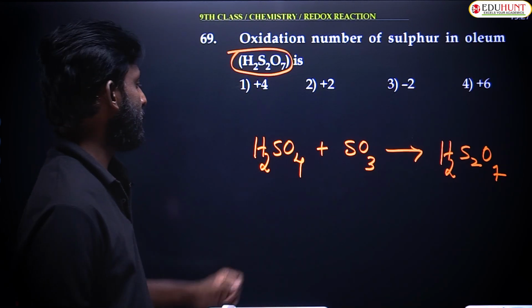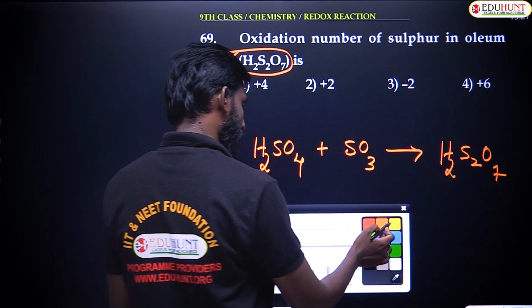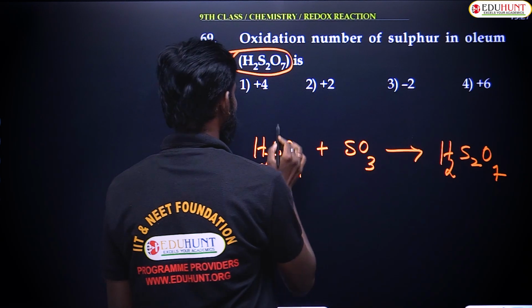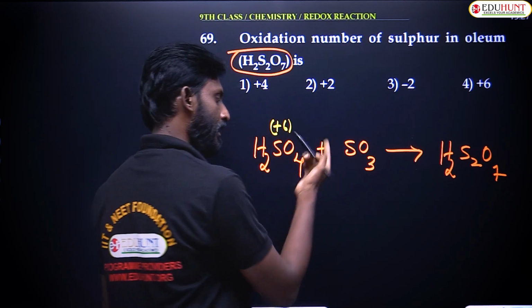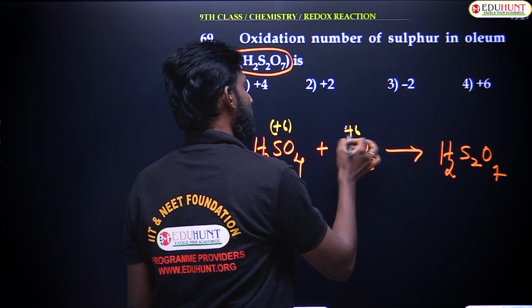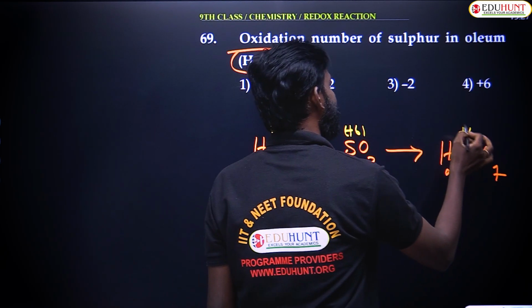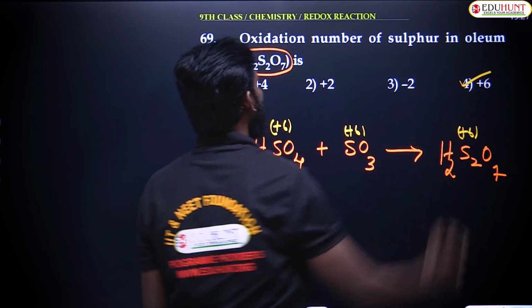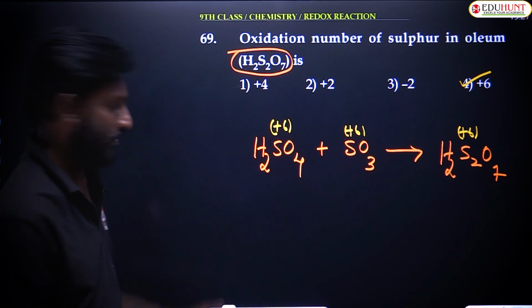In sulfuric acid, sulfur is in +6 state. In sulfur trioxide also sulfur is in +6 state. It means in oleum, both the sulfurs are in +6 state. No doubt about it.